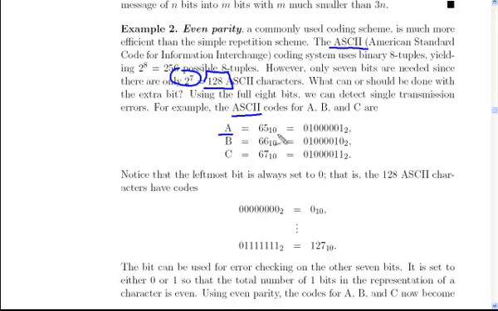For instance, here A is 65. I'm sorry, I was wrong about that. A is 65 in base 10. If you convert 65 base 10 to base 2, what do you get? Well, just briefly, to convert to base 2, you find the powers of 2 that fit into 65.